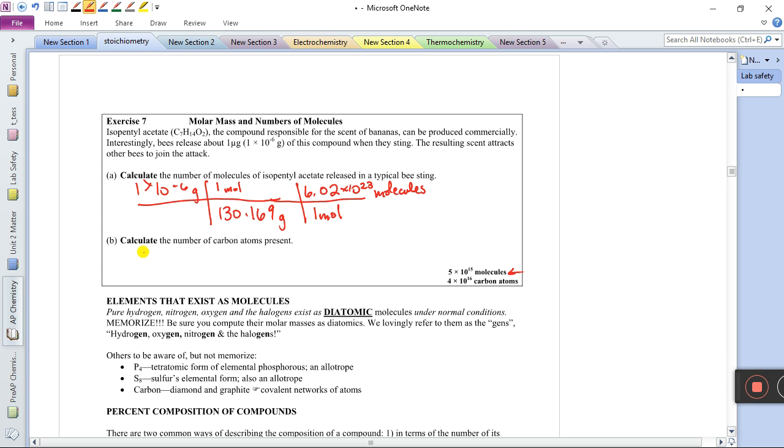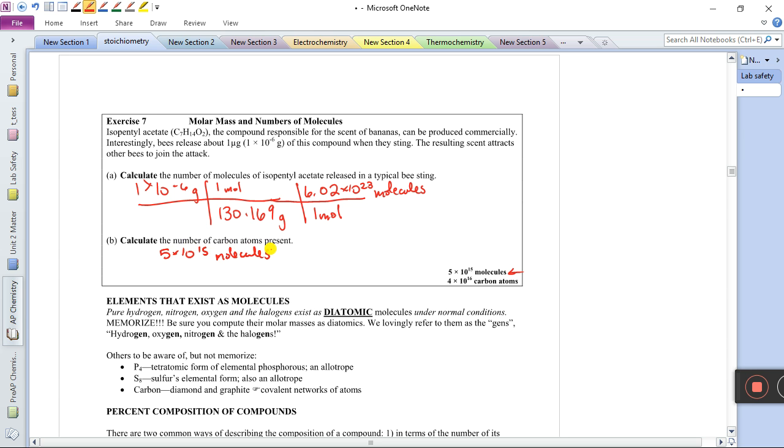And so to calculate the number of carbon atoms, we would start with our molecules. And we should have units. This is our molecules. A quick reminder on significant figures.